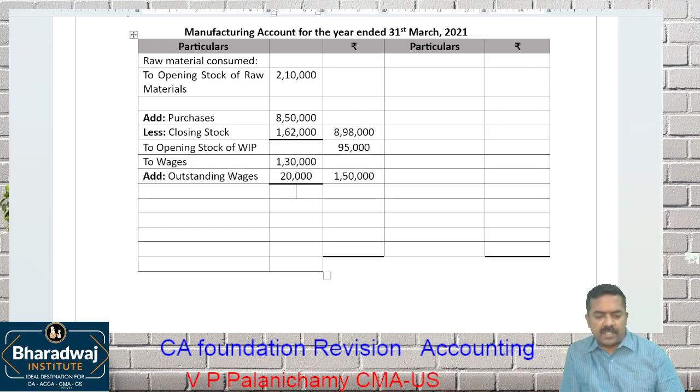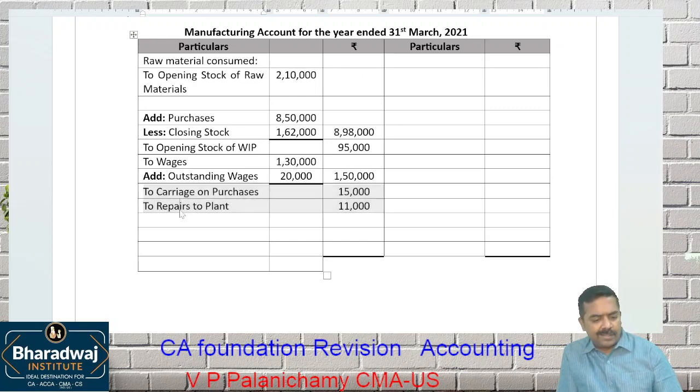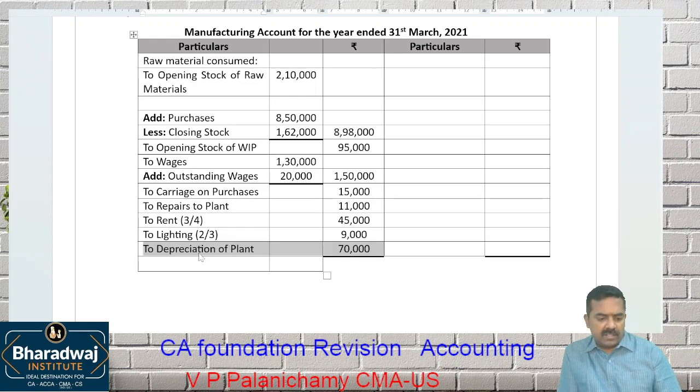Wages plus outstanding wages. Depreciation to plant will come, then carriage on purchases will come, repairs to plant will come, then rent 3/4 for the factory, lighting also 2/3 to the factory, depreciation on plant 70,000 will come.